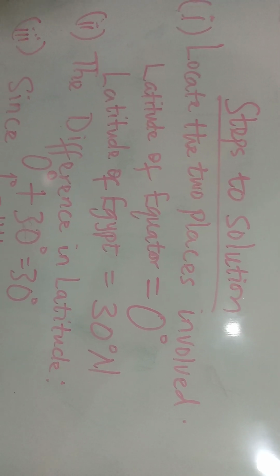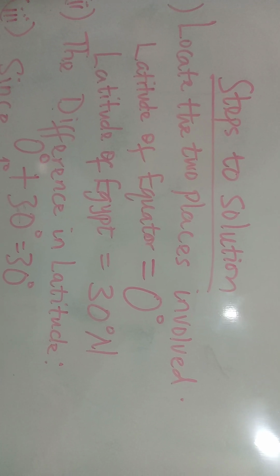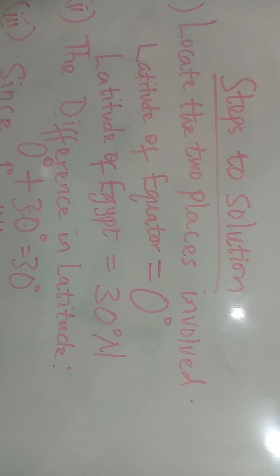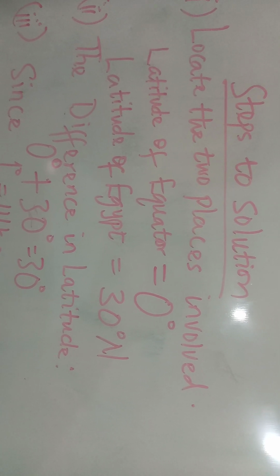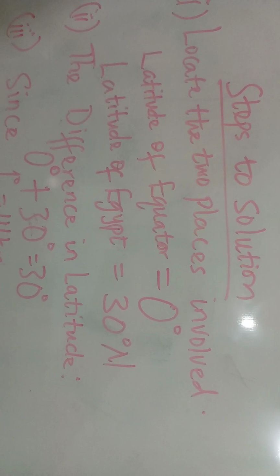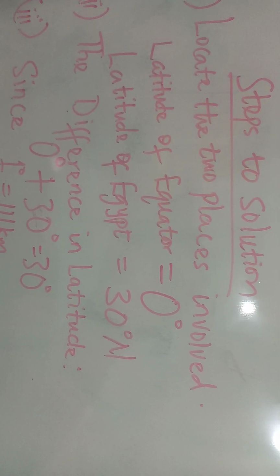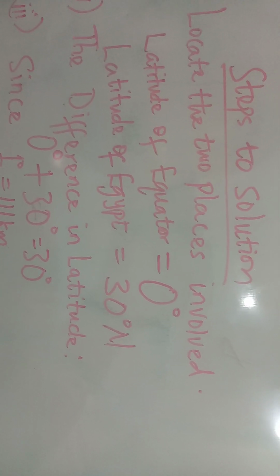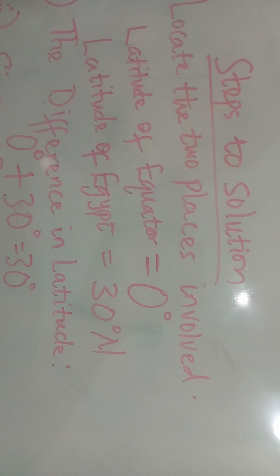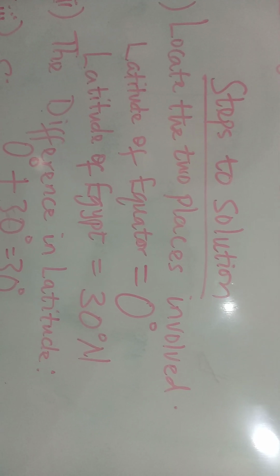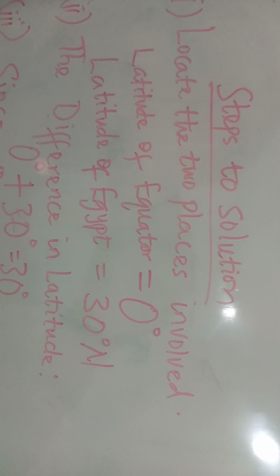Because we cannot have negative, that's why we add. The difference in latitude is 0 degree plus 30 degrees. And so the difference is 30 degrees. That's what the second procedure says, and that's what we have just done.